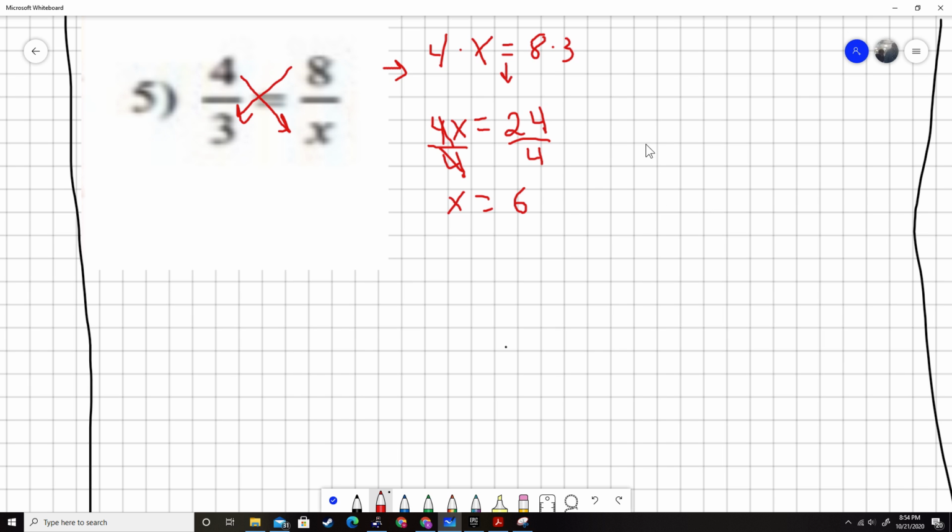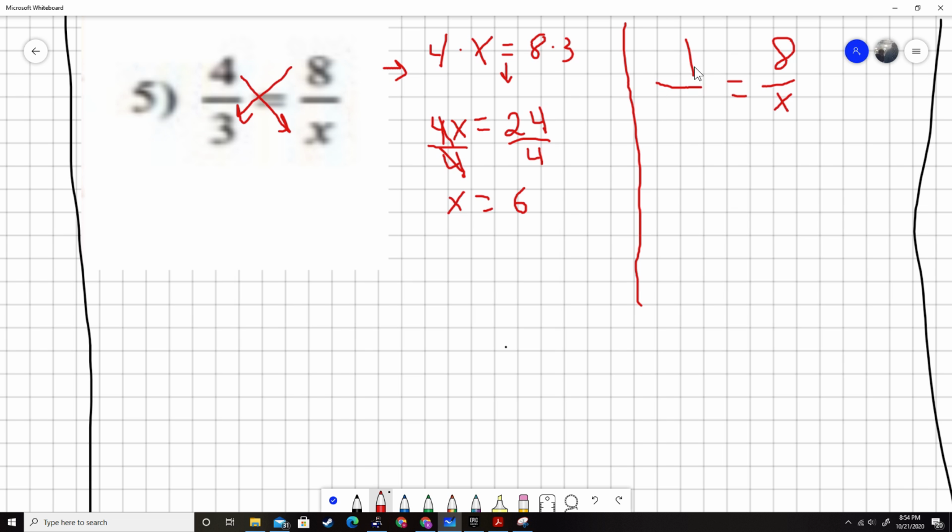Another method we could use is taking a look at both fractions and seeing what relationships happen between both numerators and both denominators. That might be a little easier in some situations. So let's look at both of our fractions. On one side I have 8 over x.